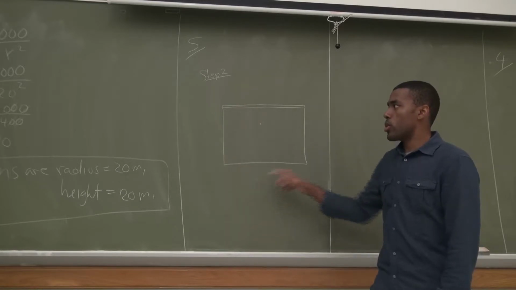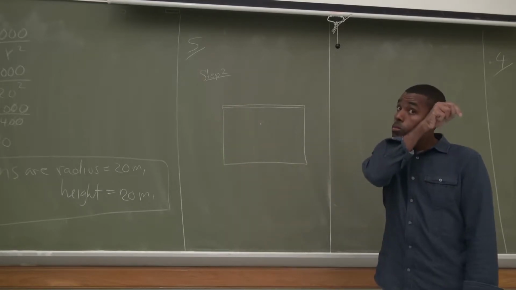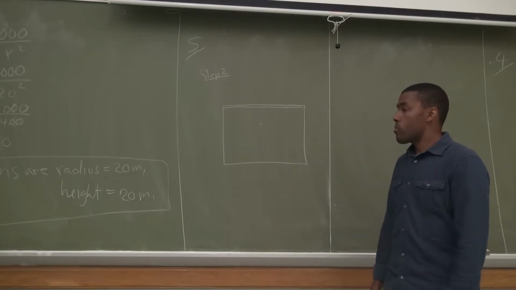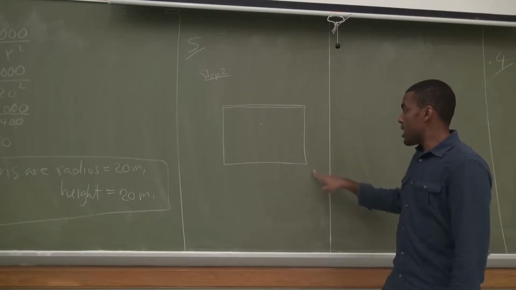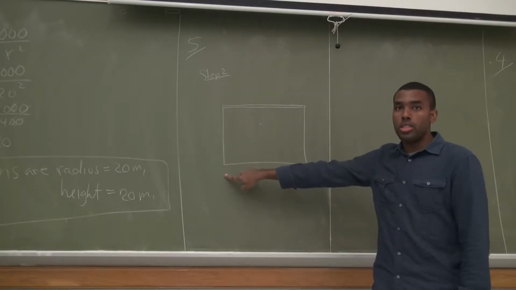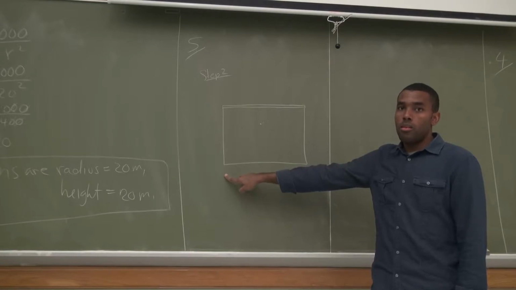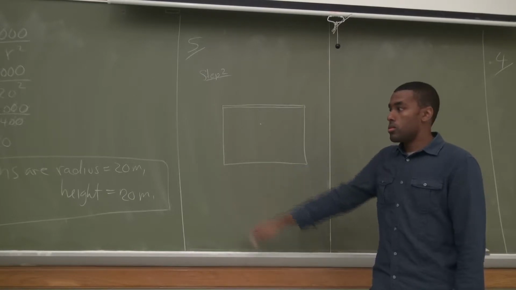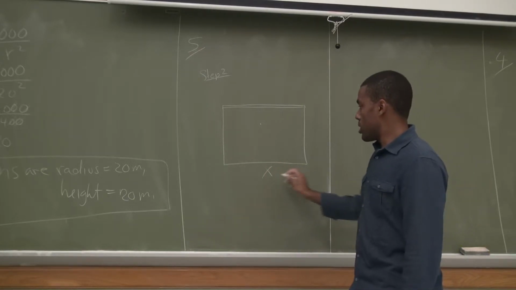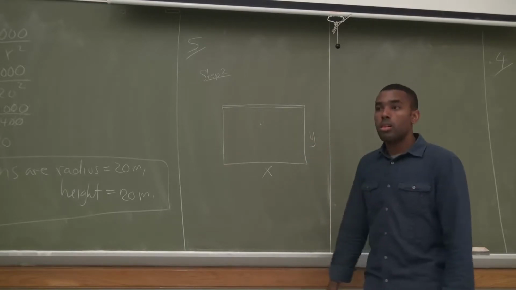Were you told it was a square? Because if you call this x and that x, you're automatically assuming it's a square. So call this x, call that y. Okay?